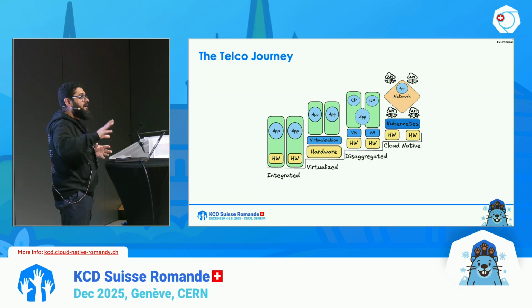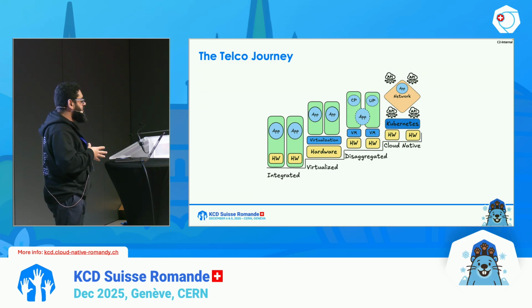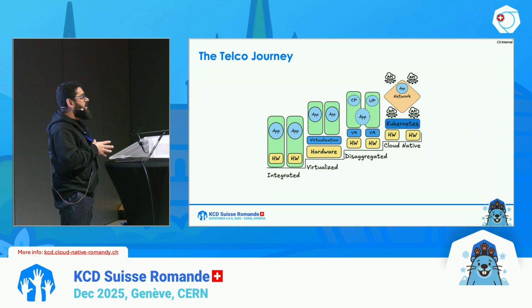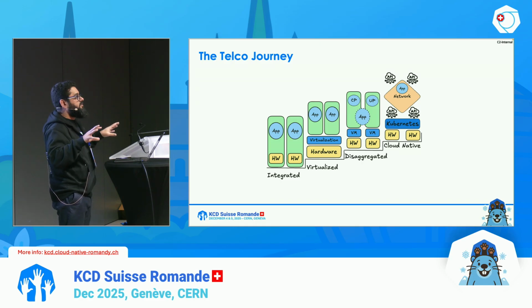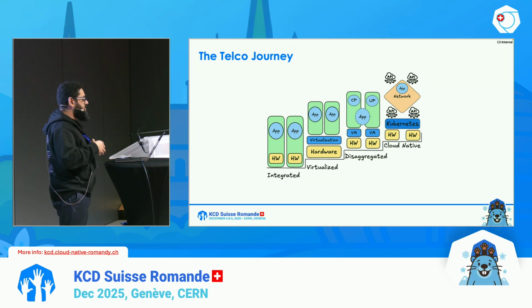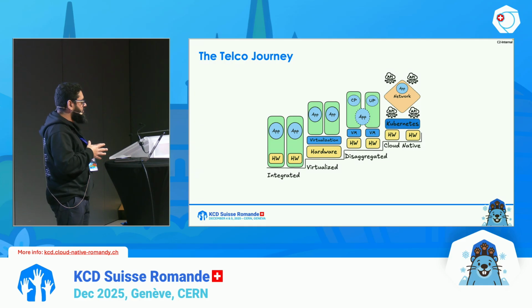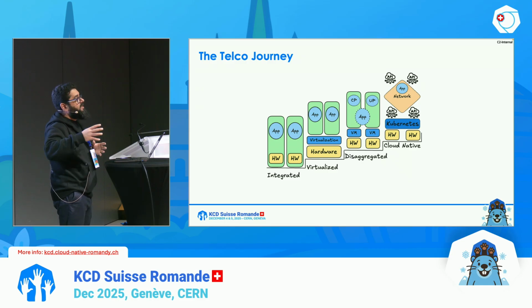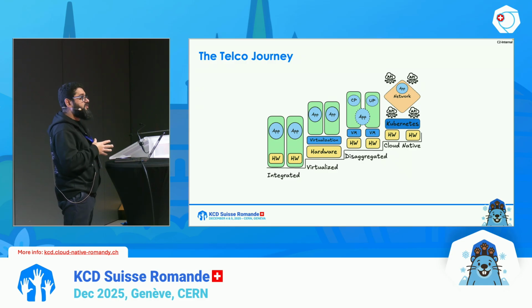And then at some point, we also had a disaggregated phase where the control plane and the user planes were running in separate entities, but still running on top of VMs, to currently what we see as the cloud native or containerized network function, which brings about the real transformation: microservices, and of course the infrastructure has also become declarative, which I will show in the next few slides, automated and distributed.